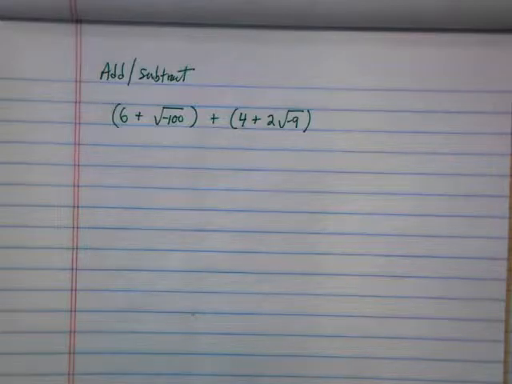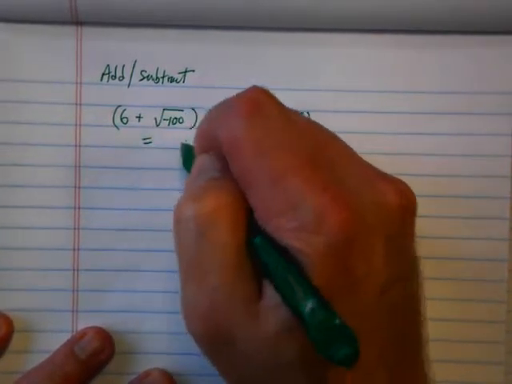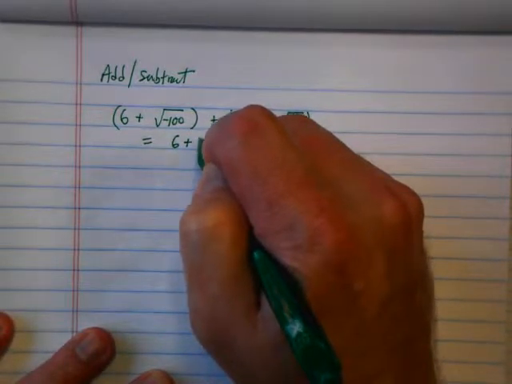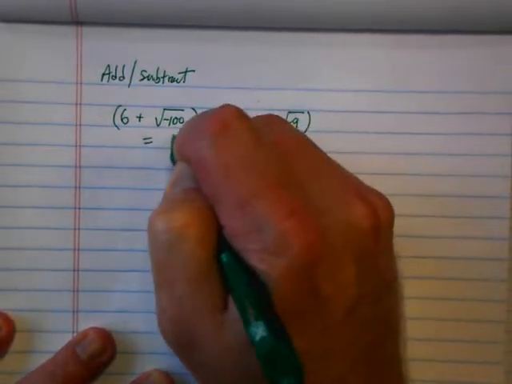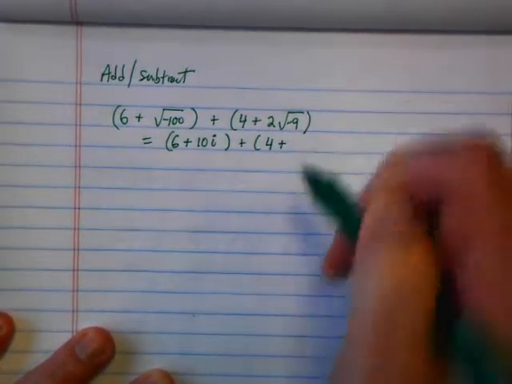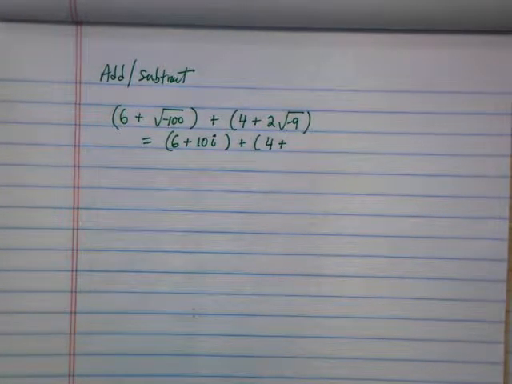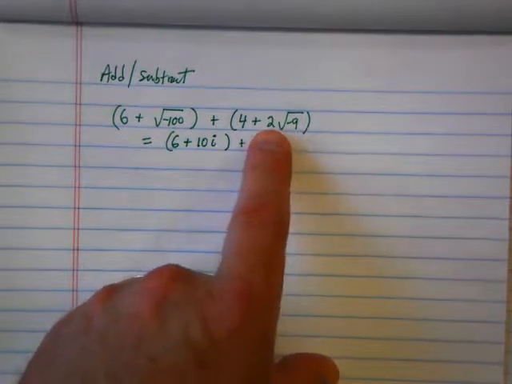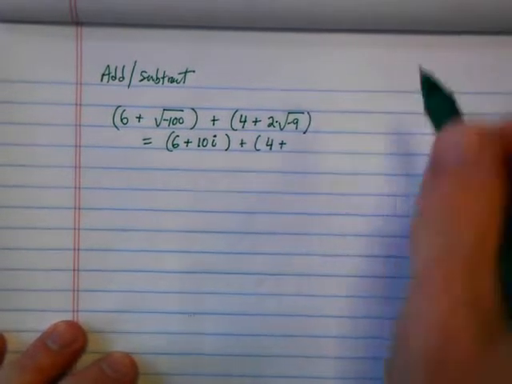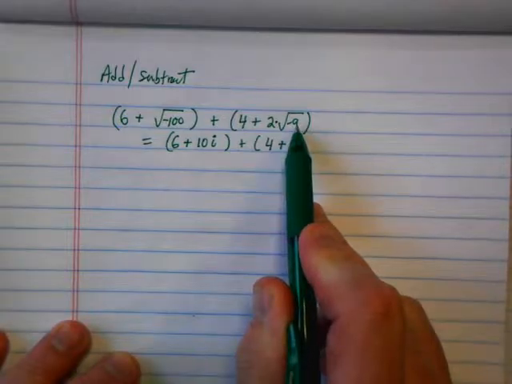Break them down first. All right, so by break them down, I think you mean you're going to write this one as 6 plus 10i. And then the second one is 4 plus... We get 3i, but it already had a 2 in front of it. 6i, because that's multiply there, right? So the square root of negative 9 gives us a 3i.